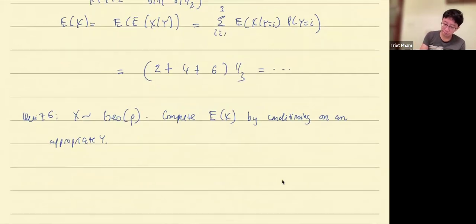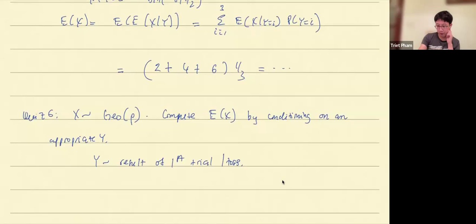Here, it's intuitive that we let y be the result of the first toss, first try. Meaning that you try to find the number of tosses until the first head, or let's just say it is 1 or 0. You try to find the first 1. So how many trials until you see the first 1? 1 with probability P.